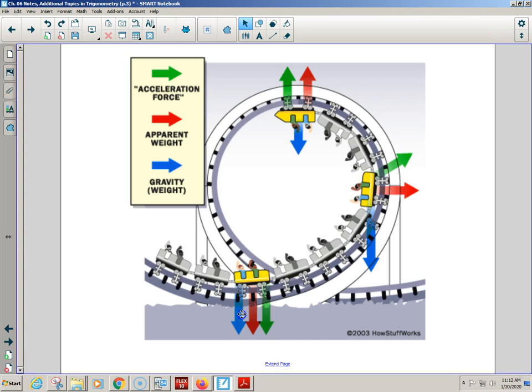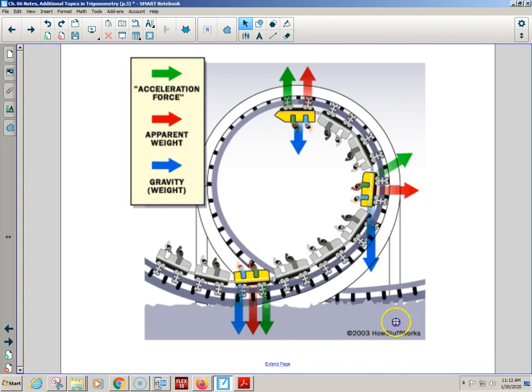It's a very basic picture: gravity's always pulling down, but apparent weight is against the track. Like if you were stepping on a mouse right now, your apparent weight would be against the track. But then you also have this acceleration force that's happening as a result of you being in the car.